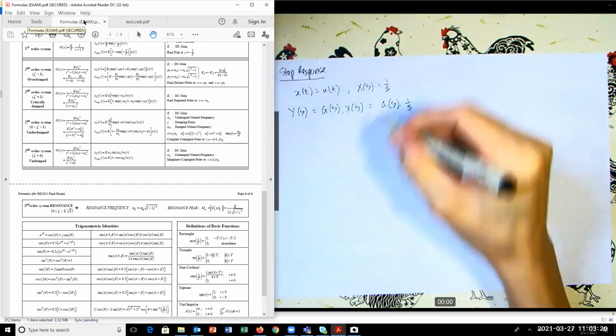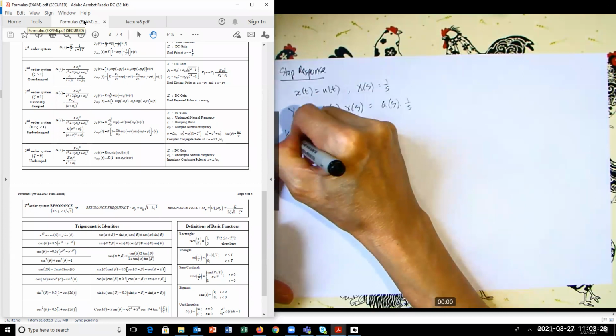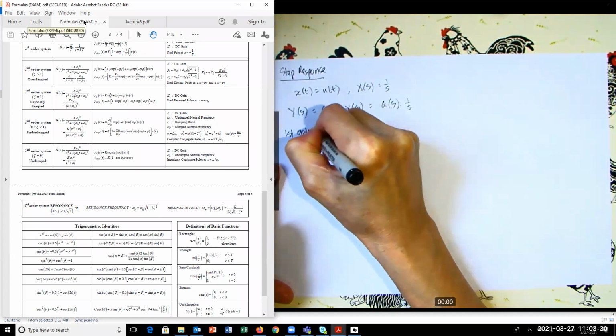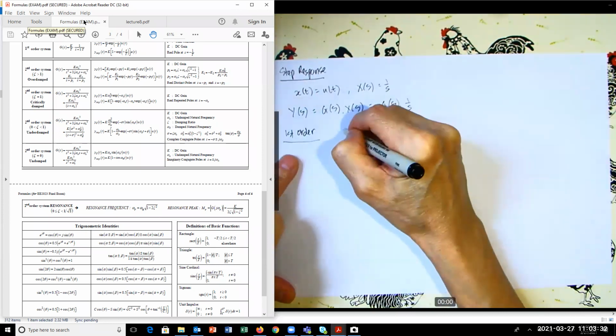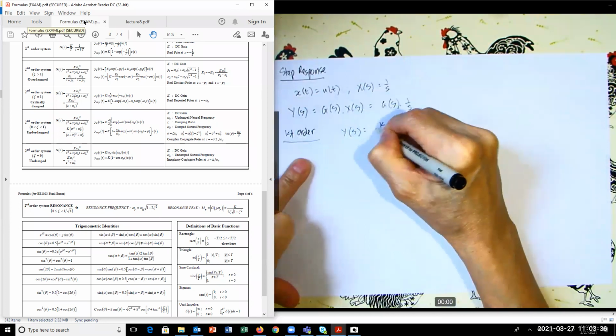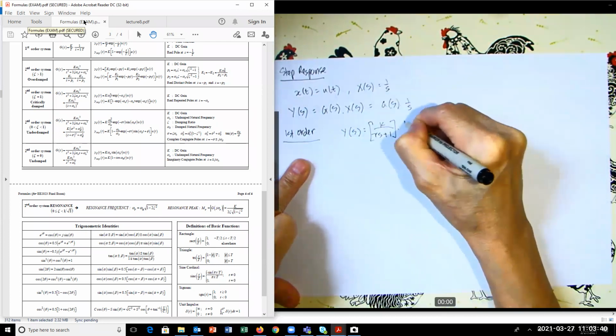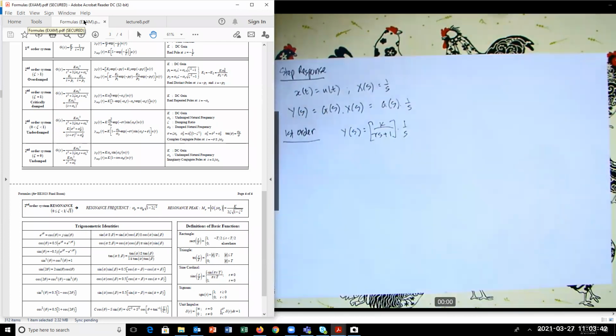G(s) of course will depend on first order or second order. So for first order, your Y(s) will be K over (tau s plus 1), which is your G(s), times 1 over s, and again you can factorize it and so on.